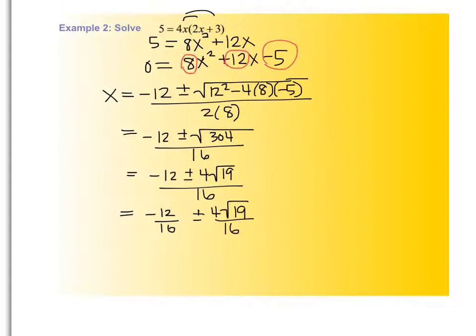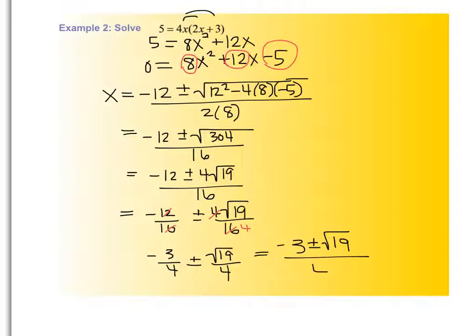Here I can divide by 4 and I'll get negative 3 over 4. Here I can divide each by 4 again and I'll get 4 left in the denominator, so root 19 over 4. So we can write it like that, or we can leave that common denominator, so it's negative 3 plus or minus root 19 over 4.